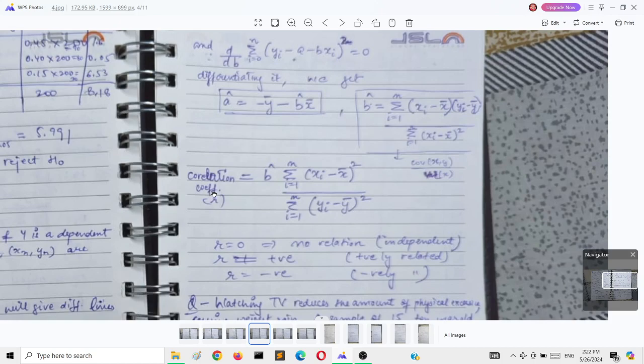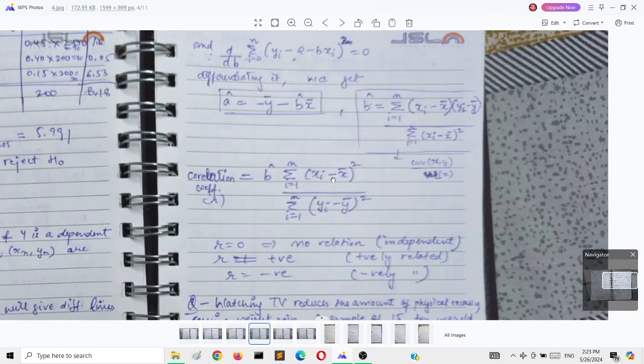So to get that coefficient, you will first calculate this b by using covariance divided by variance, and then you will multiply that with this particular term, where the numerator has summation over 1 to n of (xi minus x bar) whole square, divided by summation over 1 to n of (yi minus y bar) whole square.